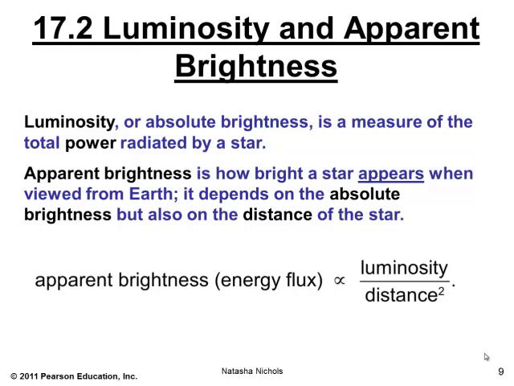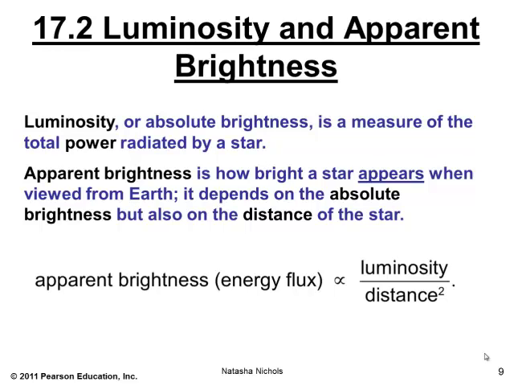So we're going to use some terms such as luminosity. Luminosity means the absolute brightness, the real brightness of a star. So it is a measure of the total power radiated by a star. Apparent brightness, on the other hand, is how bright a star appears when viewed from our location, the Earth.